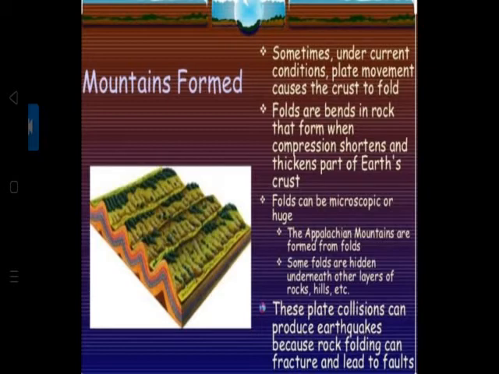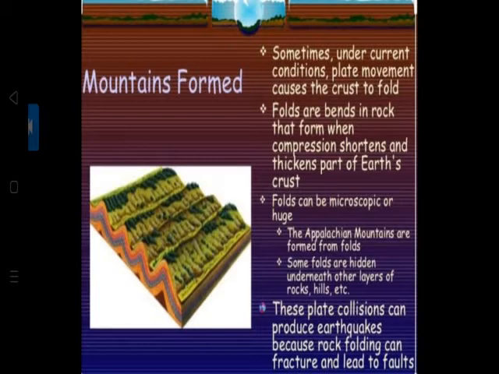Folds are bends in rock. The folds you see are the bends in rock. So bending of rock leads to folding in rocks that form when compression shortens and thickens part of Earth's crust.